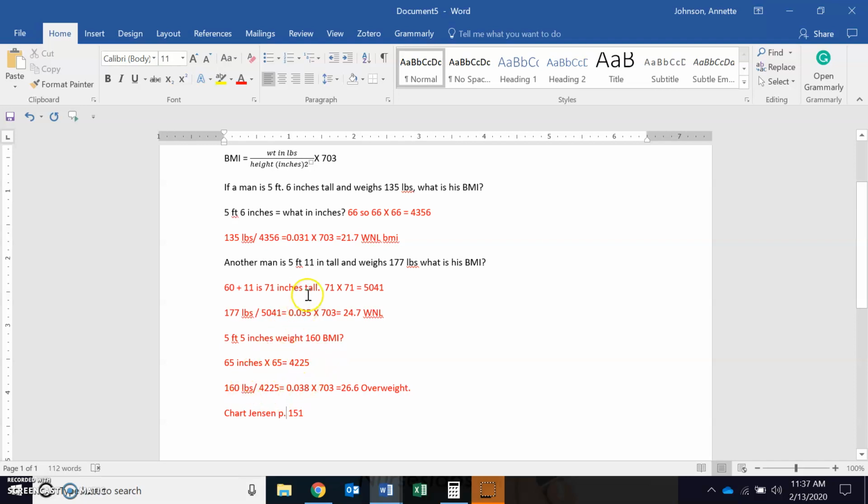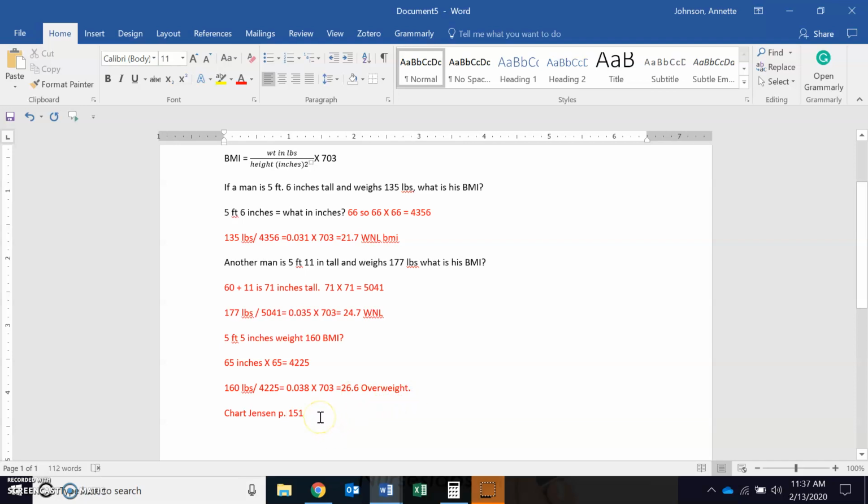You take the weight, which is 160, and divide by 4,225, and that gives you 0.038. Then multiply that answer by 703, and you get 26.6. According to our chart, that person is overweight.